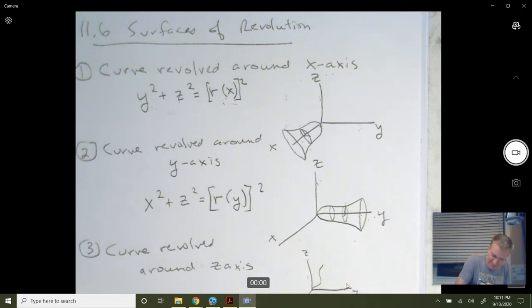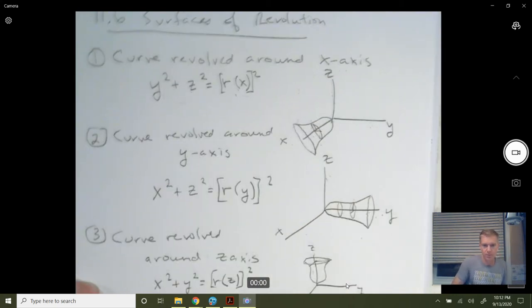I keep drawing these bell or vase shaped things, and you revolve it around the z-axis. Okay, your radius is going to be the y value of the function as a function of z, or the x value of the function as a function of z. So you're going to get x squared plus y squared equals your radius squared, but as a function of z.